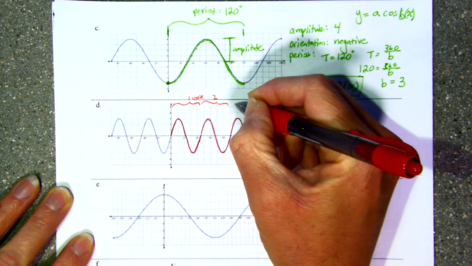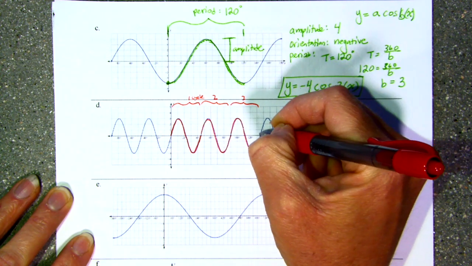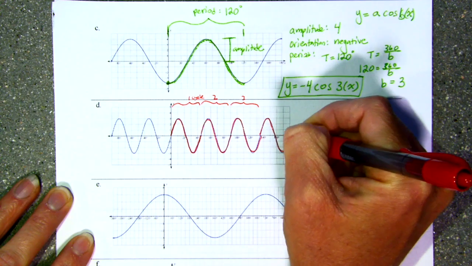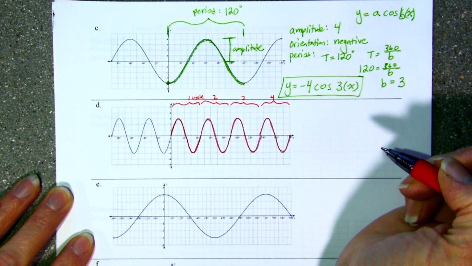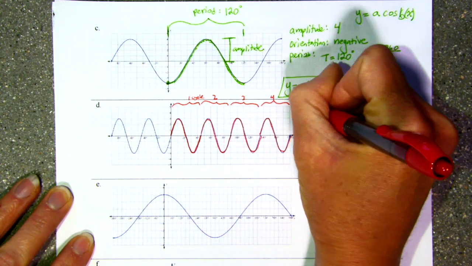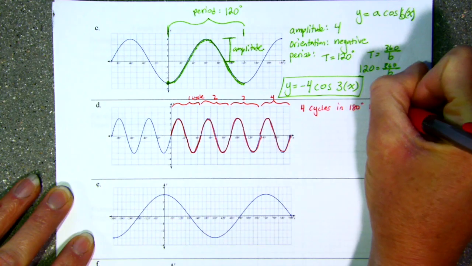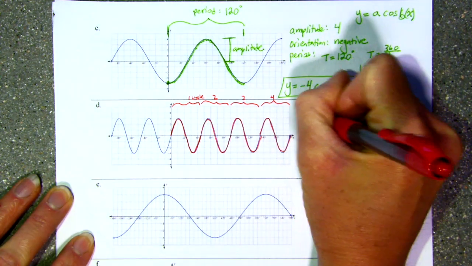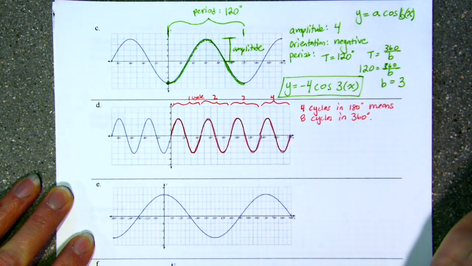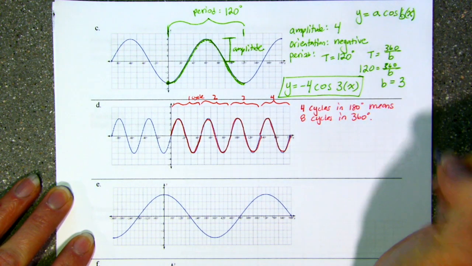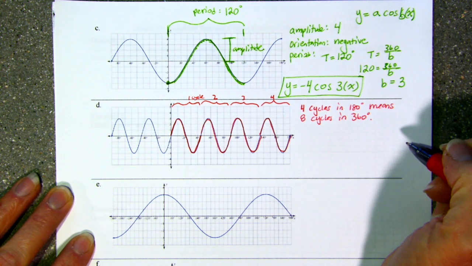This is 2. This one is 3. This is 4. So 4 cycles in 180 degrees means 8 cycles in 360 degrees. Which would mean that our b is going to be 8.